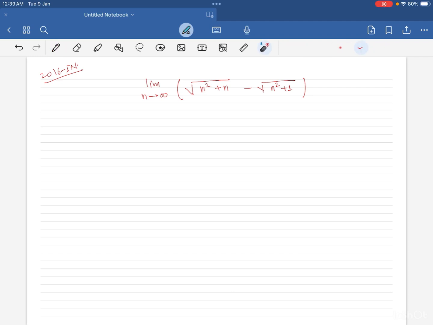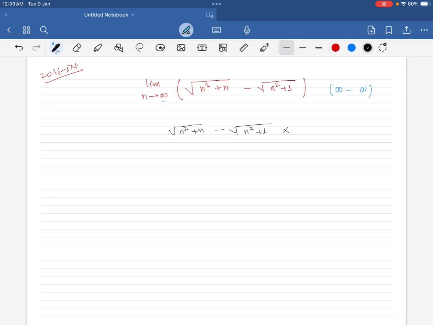So this question is from 2016 IN. We have to find this limit. You see that if you put infinity, then you will get the infinity minus infinity form, right? If this is the case, then you are going to rationalize your expression. So that is what you can do: root over of n square plus n minus root over of n square plus 1.